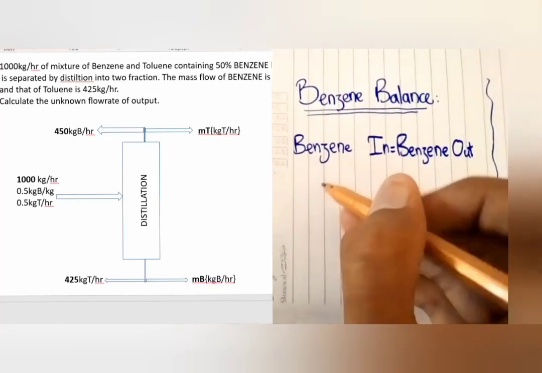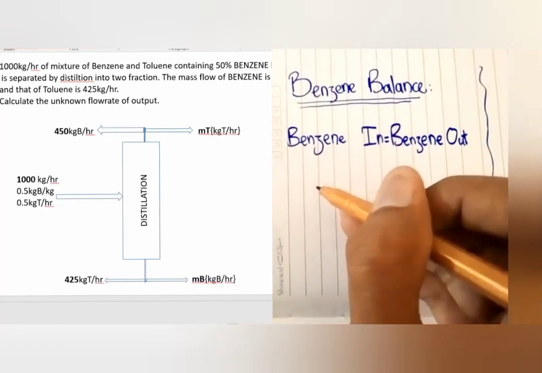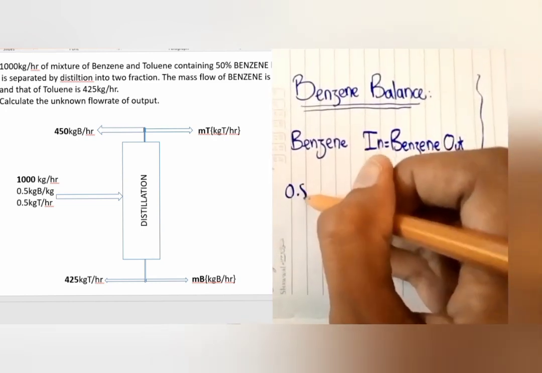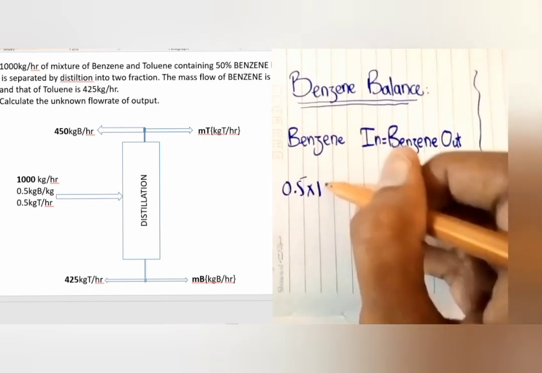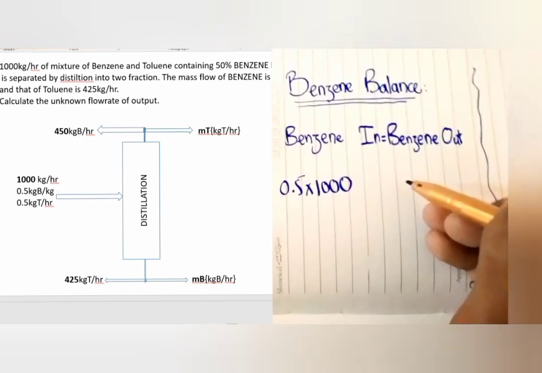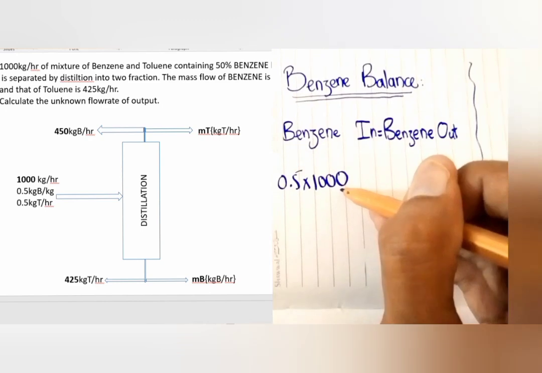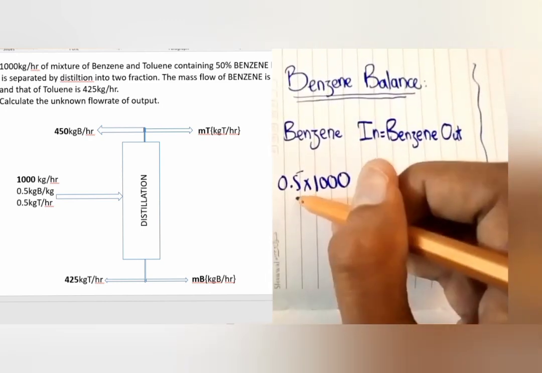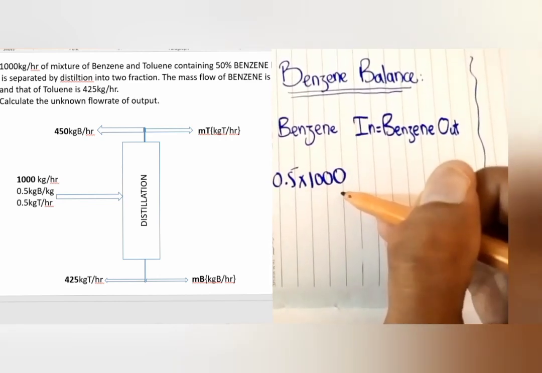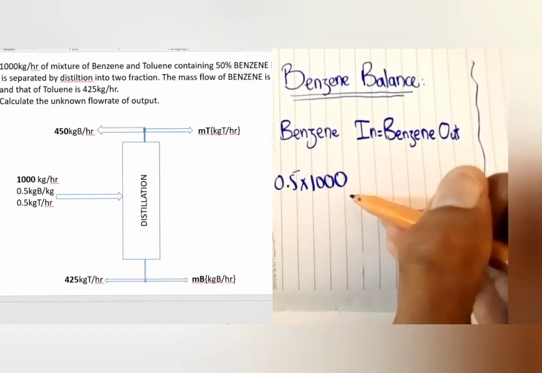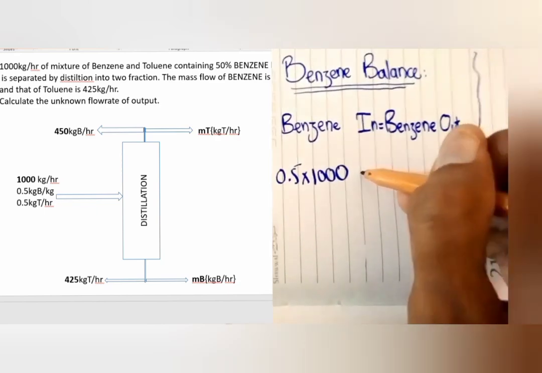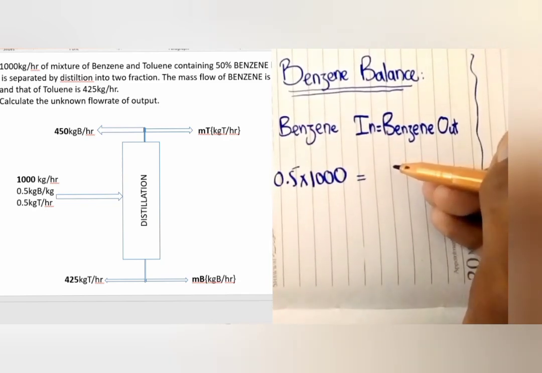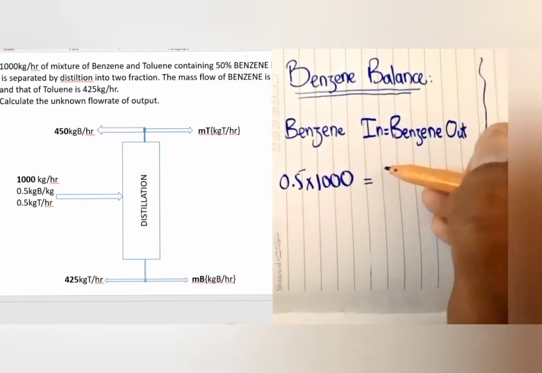Now let's write the benzene in. Let's look at the left hand side of the system. The fraction for benzene is 0.5 kg B per hour. So 0.5 will be multiplied with the total mass flow rate of the system, which is given as 1000. So 0.5 into 1000, where 0.5 is the mass fraction of benzene going in.